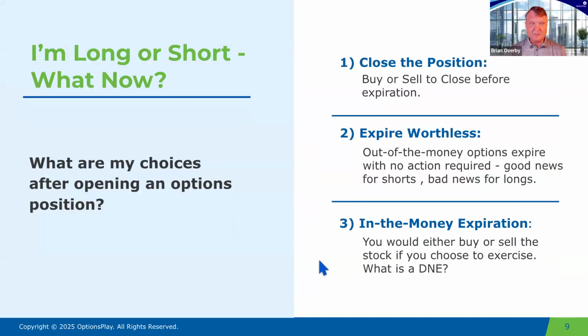All right, so we saw the price of the option. We know that the option is a contract. Now, if I bought the option contract, what can I do? And if I sold the option contract, what can I do? What are my choices? And what happens more often than not?